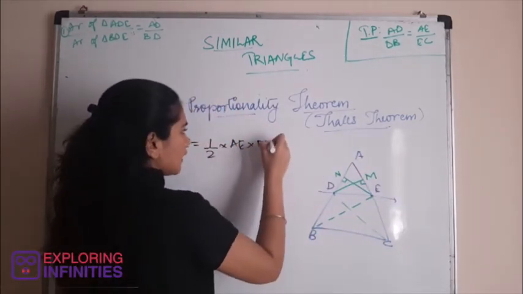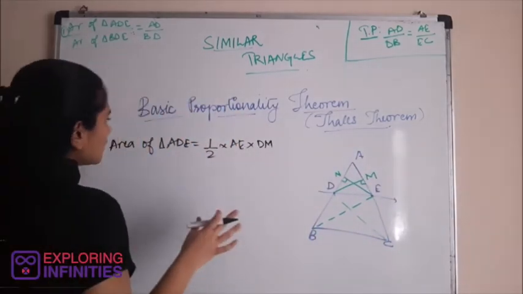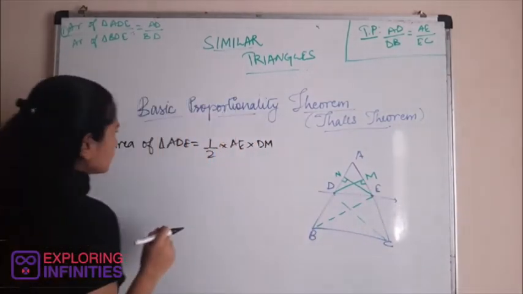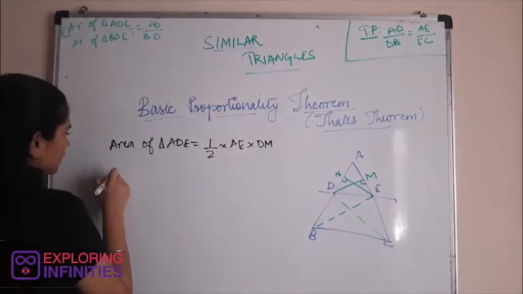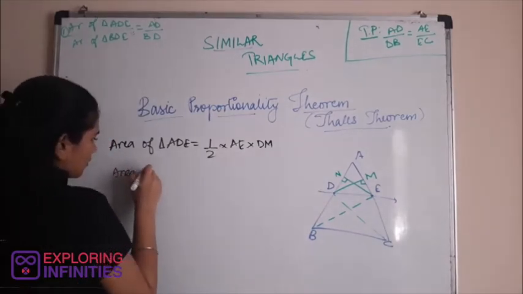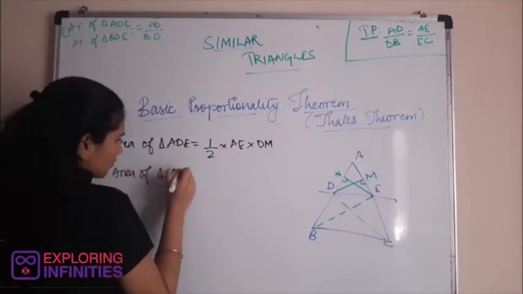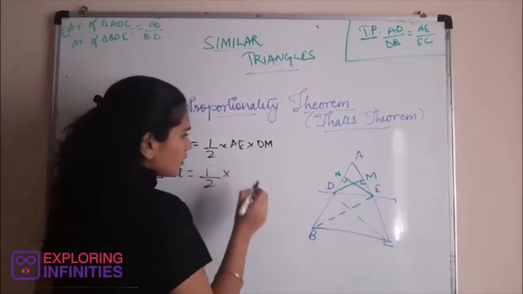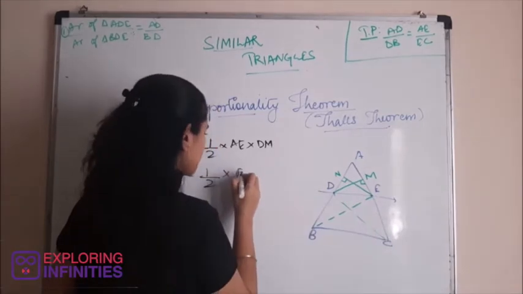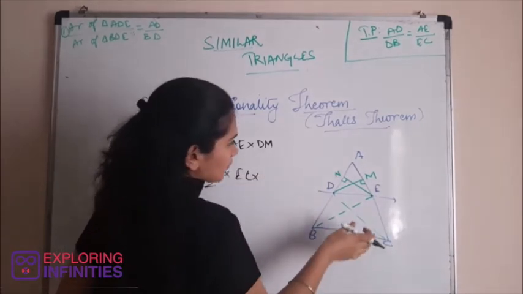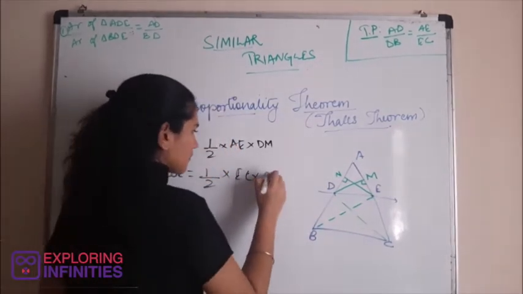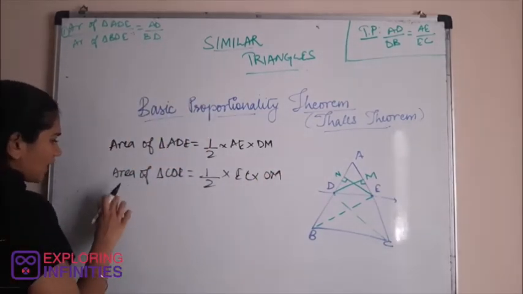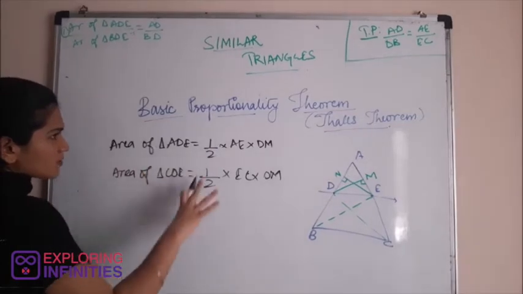DM, right? Similarly, we will take another triangle which is CDE. Area of triangle CDE would be what? Half of, what would be the base? EC. And what would be the height? Again, DM.